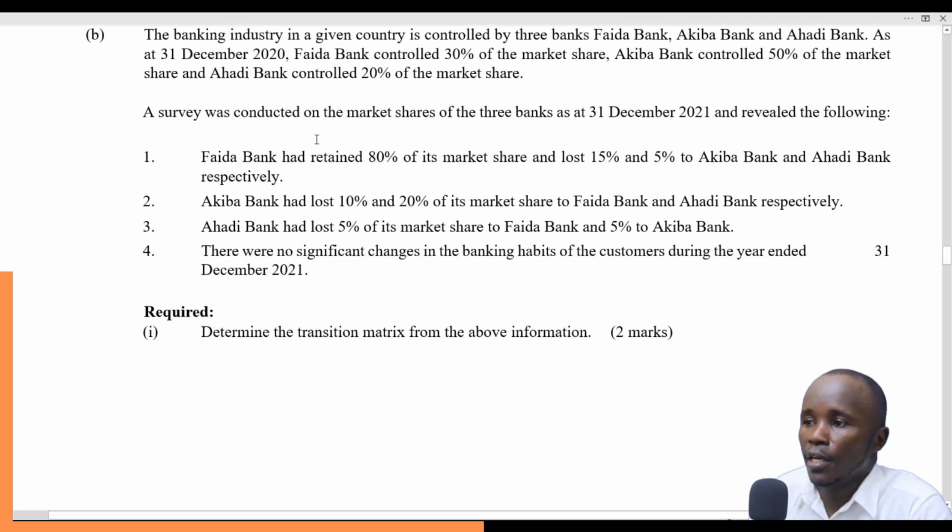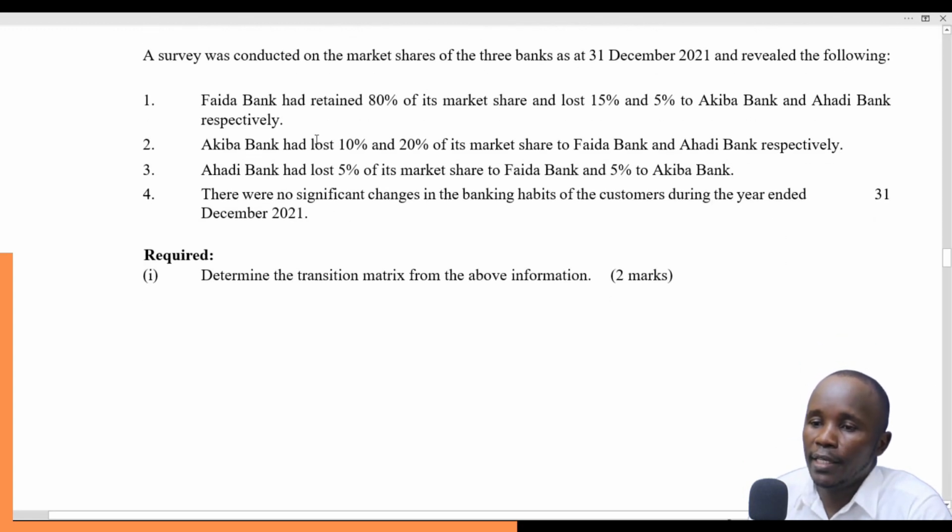Faida Bank had retained 80% of its market share and lost 15% and 5% to Akiba and Ahadi Bank. Akiba Bank had lost 10% and 20% of its market share to Faida and Ahadi Bank. Ahadi Bank had lost 5% of its market share to Faida Bank and Akiba Bank.